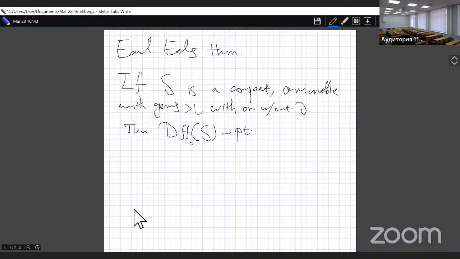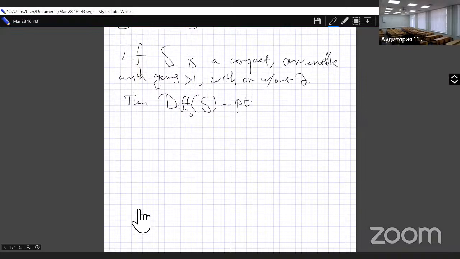Instead of having genus greater than 1, it's probably better to say that the Euler characteristic of the surface is less than 0, because if the genus is 0 and there are 3 or more boundary components, the same applies.